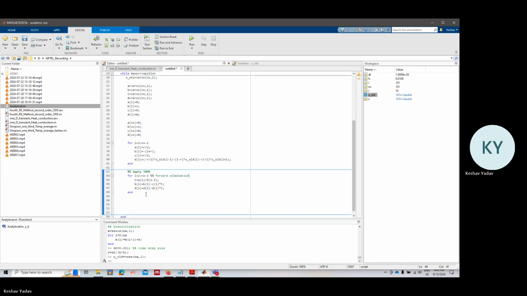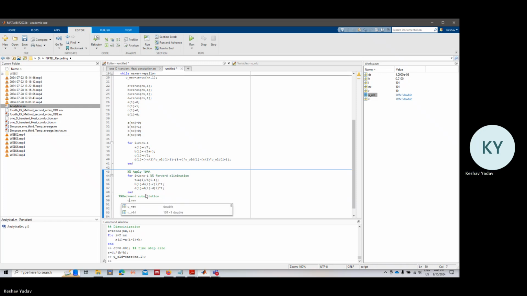Okay, now what I will do? I will do backward substitution. In backward substitution, what will be my xn means what?